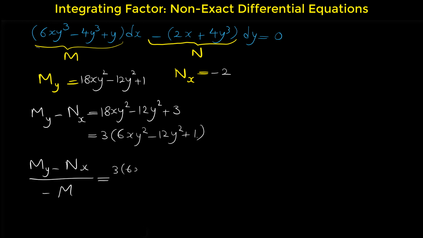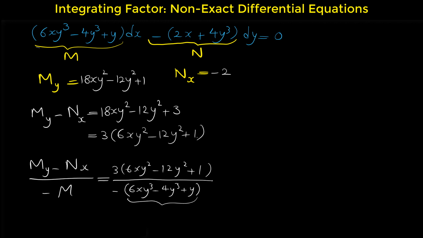3 bracket 6xy squared minus 12y squared plus 1 over negative bracket 6xy to the 3 minus 4y to the 3 plus y. If you pay attention to the y, all the terms are a factor of y.